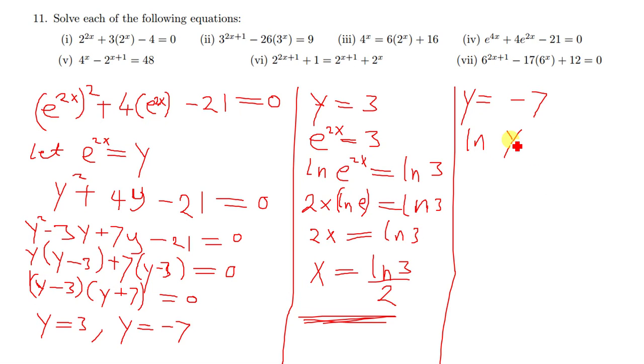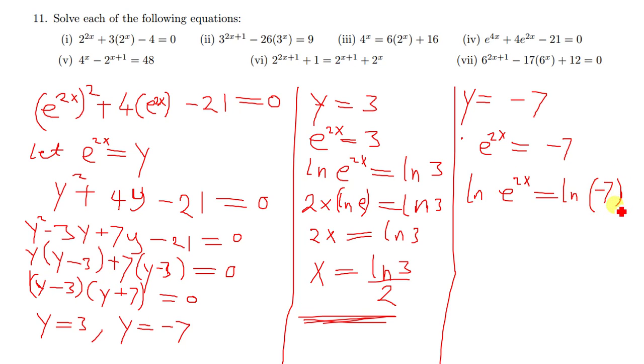Before you introduce ln, you recall that this part is equal to y. So meaning what is y, we put e raised to power 2x being equal to negative 7. So introduce the ln on both sides. So we're going to have the ln of e to the power 2x being equal to the ln of negative 7.